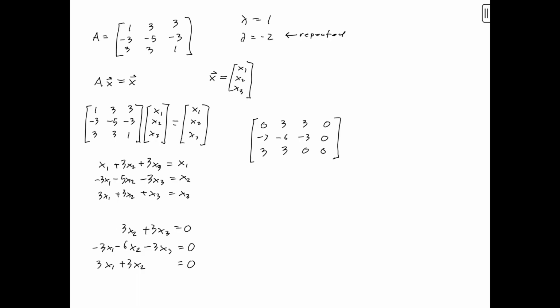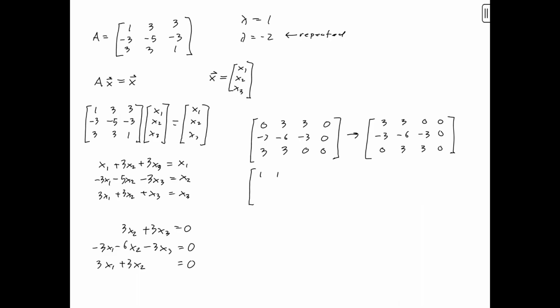I need to row reduce this, so let's just switch rows 1 and 3 to get 3, 3, 0, 0, negative 3, negative 6, negative 3, 0, and 0, 3, 3, 0. I'm going to multiply the first row by 1/3, and also add the first row in its current form before the multiplication to the second row.